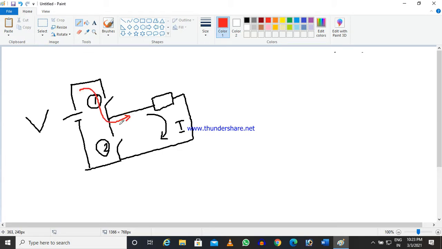Now at the instant when S1 is getting opened, the load current was flowing through the junction of the transistor or IGBT or whatever it may be, thyristor. But once this switch S1 is off, the entire DC voltage will appear across the junction suddenly during the T off period of the switch, which can destroy the junction of the switch.